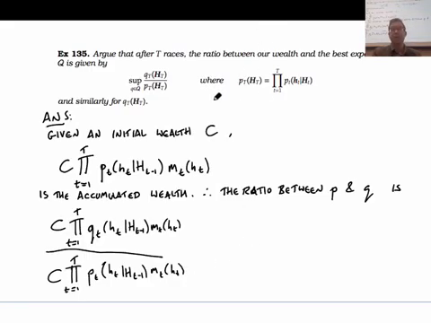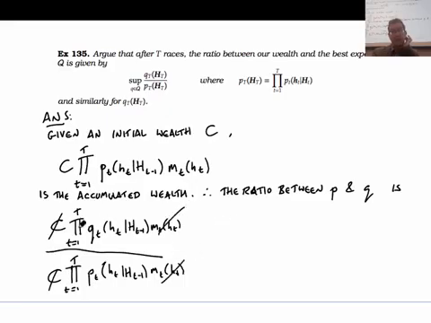And then you can notice some stuff cancels. So the ratio between my wealth and their wealth, assuming we start with the same amount of money, that cancels out. And the amount of wealth that my money is multiplied by is the same as theirs. It's just that we place a different amount of money on initially. But the multiplying factor is the same for both, so that cancels as well.